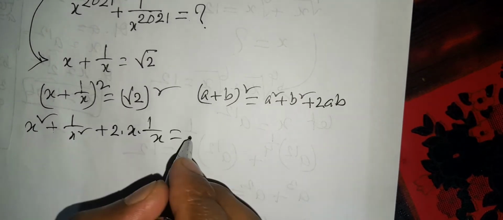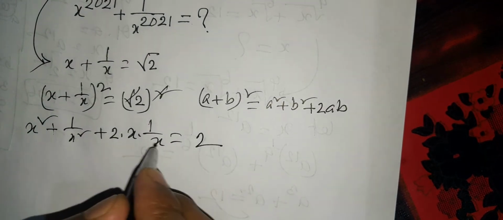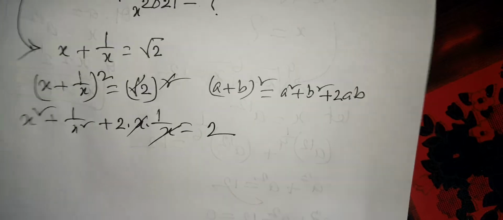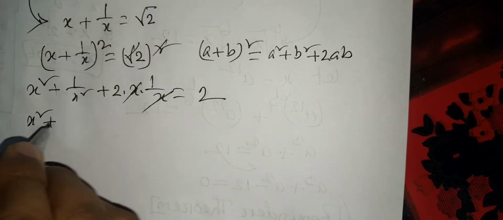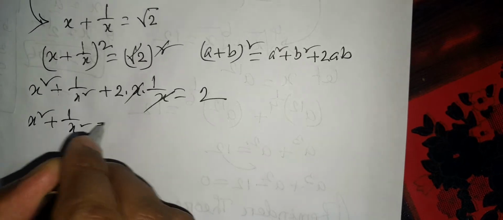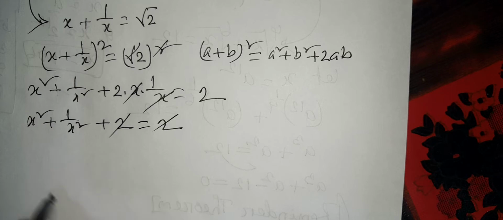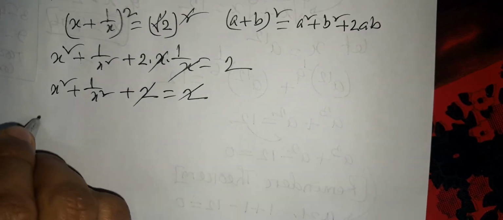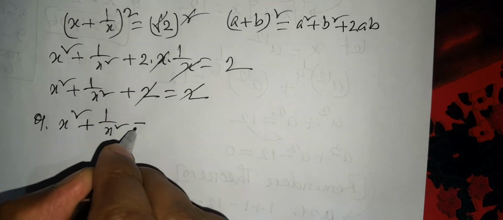1 by x. The square and root cancel here, and x and 1 by x cancel. So we can write x square plus 1 by x square plus 2 equals 2. Cancel 2 and 2. So we can write x square plus 1 by x square equals 0.